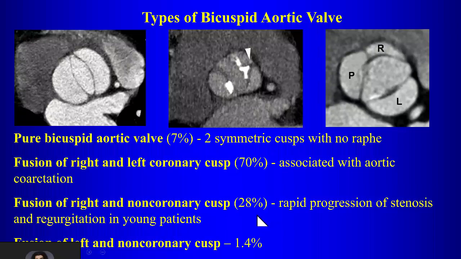This form is the one that is most closely associated with aortic coarctation. And fusion of the left and non-coronary cusp, the one that I didn't show you, is actually really rare. It's about 1%. Right? So those are the different morphologies of a bicuspid aortic valve.